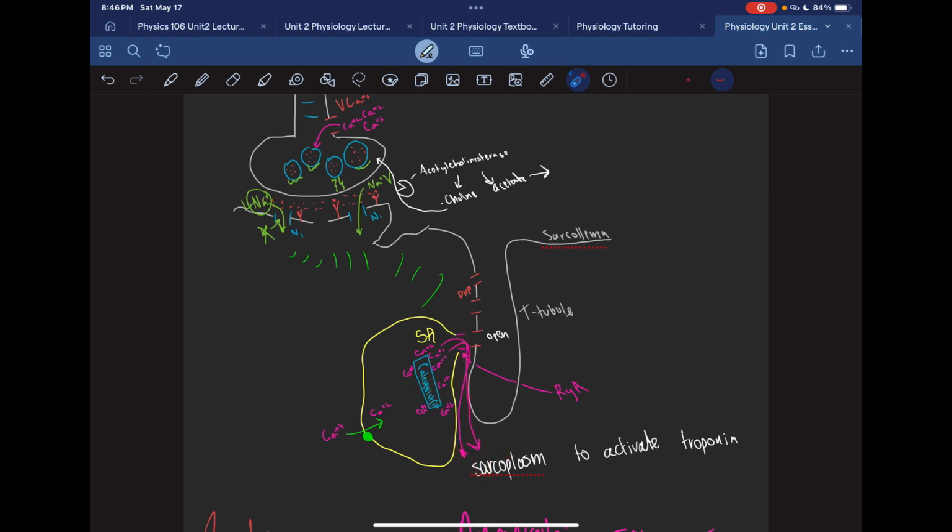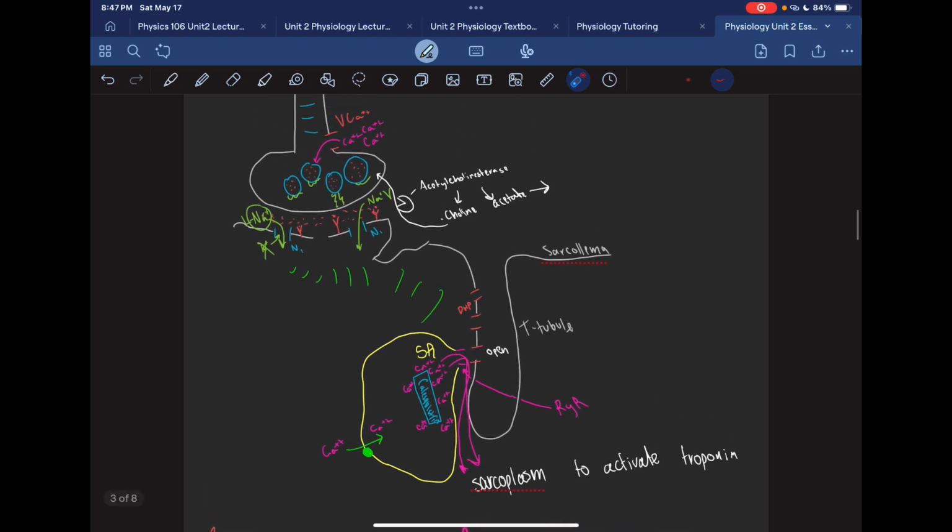We have our little friend here, calsequestrin, that's going to hold on to calcium near the exit area, just so this process is as quick as possible, and allows calcium to leave through the RYR at the quick speed that we need.